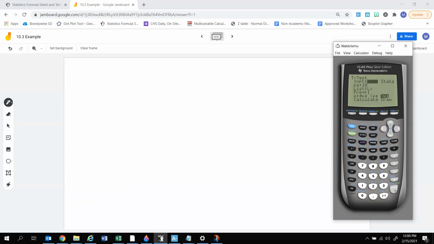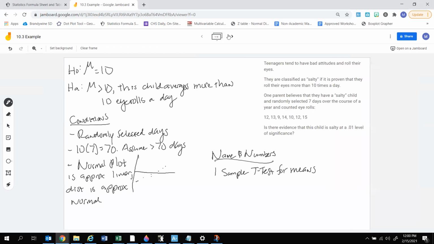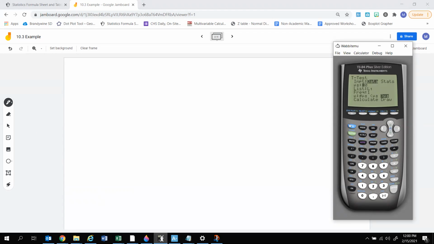There's data and there's stats. We have data. Mu null is the null hypothesis we're checking against. We are checking against 10, because kids are salty if they're greater than 10. List is L1, where our data set is. Frequency is 1, don't change that. Then calculate. This gives you a lot of information. First off, we have a sample mean of 12.1 and a standard deviation of 2.1.